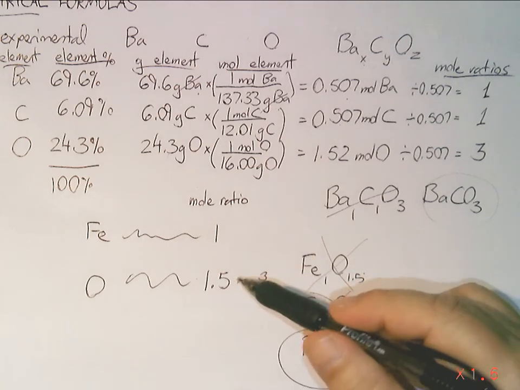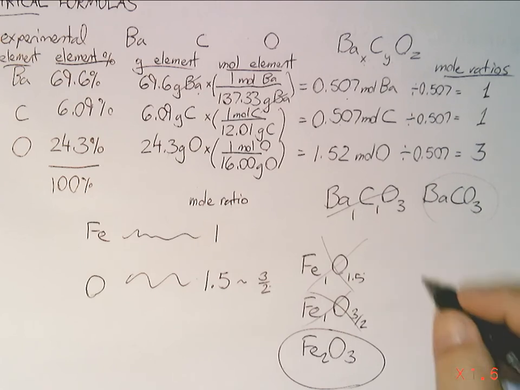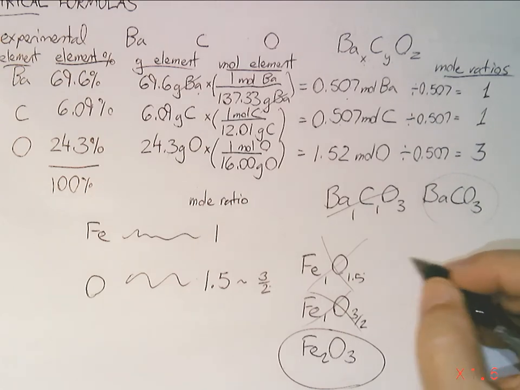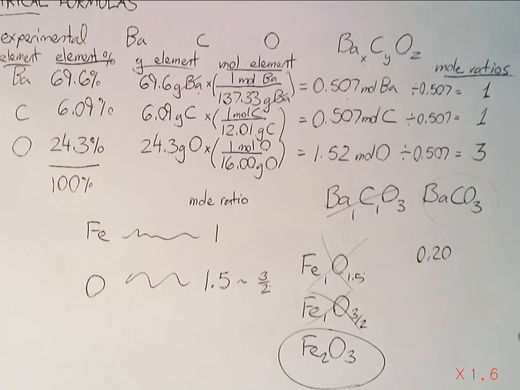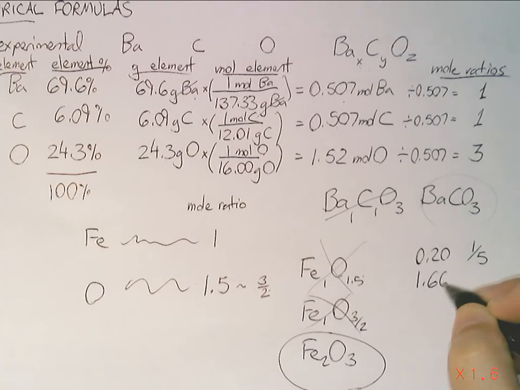So you're going to get this situation sometimes where your mole ratios in the last column are not integers. I mean, what if you see something like 0.20 in the last column? That means 1/5. You know, what if you saw something like 1.66?